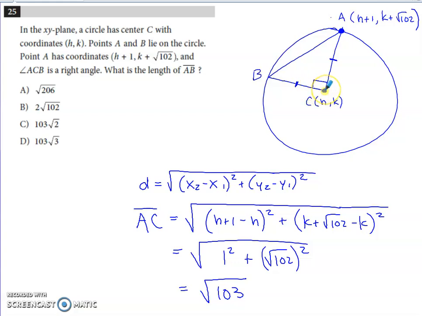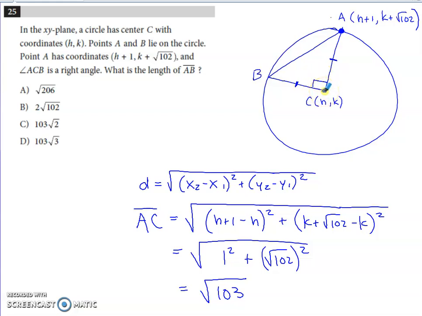So I started with point C, center of the circle, h, k. I drew my circle, didn't know the radius of the circle, so I didn't really know what size to draw it, so I just drew a circle that I could do a little bit of diagramming within. And then what I recognized is that the coordinates of point A are given to me. Keep in mind, h is the x-coordinate of the center. The x-coordinate of point A is 1 above that. So all I had on my diagram at first was just the center and the circle.